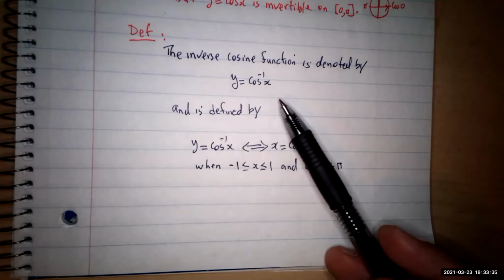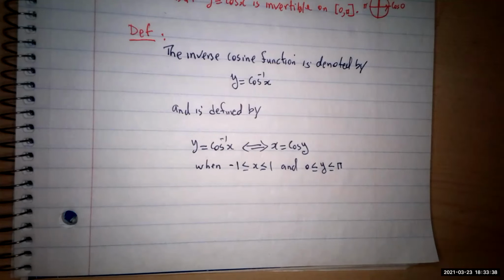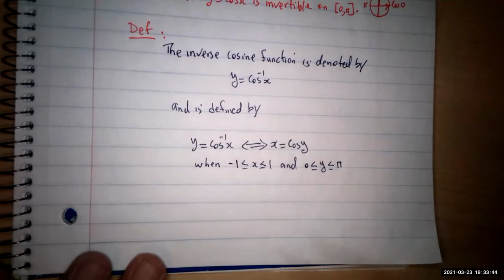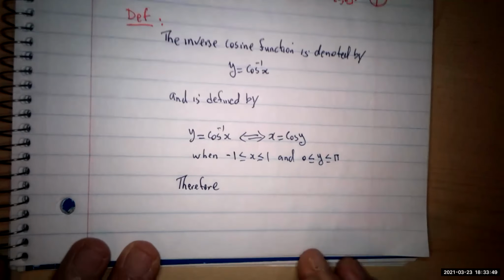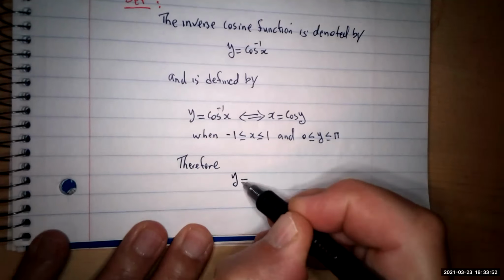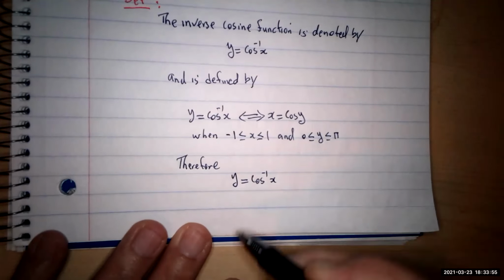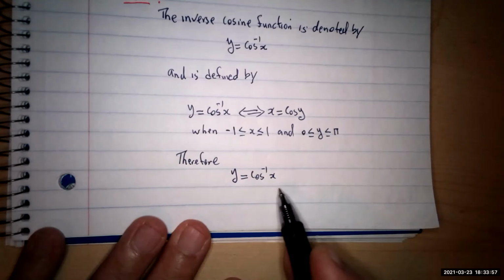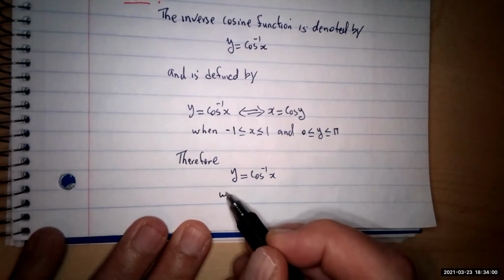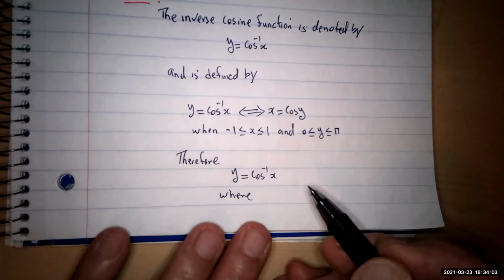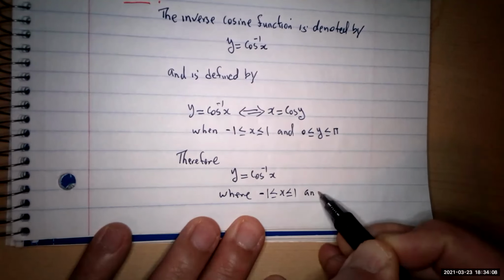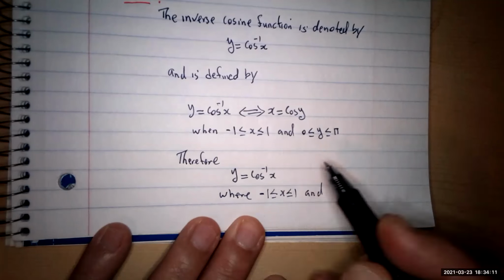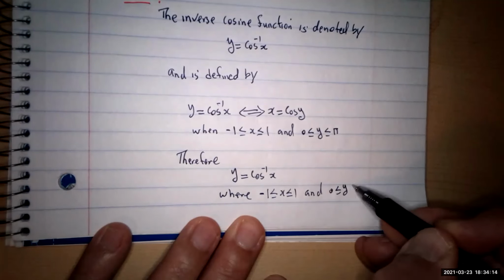So the domain of the cosine inverse is like the domain of the sine inverse. Therefore, y is equal to the cosine inverse of x, where x is between -1 and 1, and y is between 0 and pi.